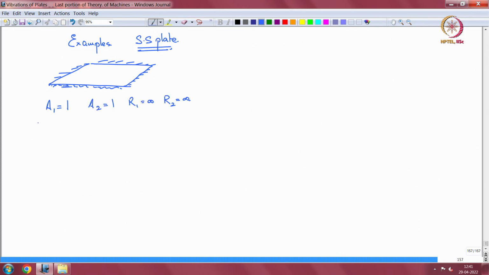If you do that, then the U3 equation gets decoupled from the U1, U2 equations.